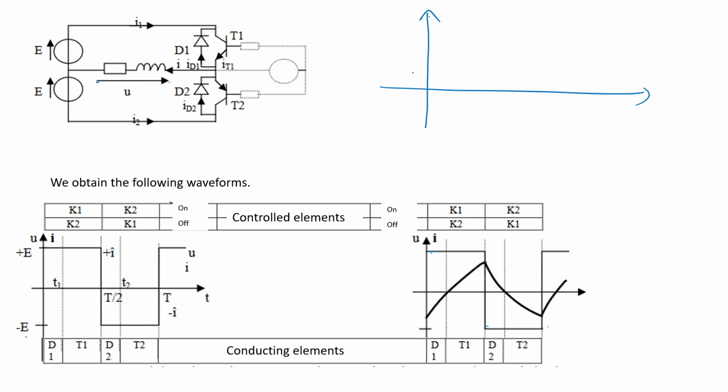Let's say you see this one like a transient of the switching, right? Transient of the switching. But if you look carefully, during this part, it's not periodic steady state.